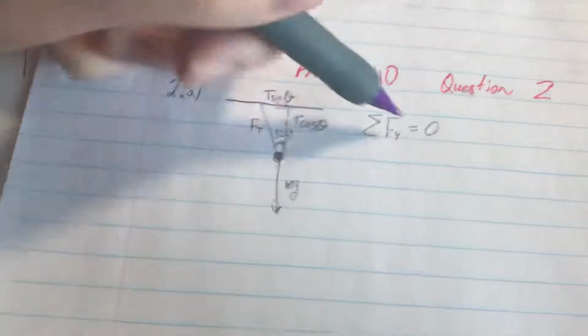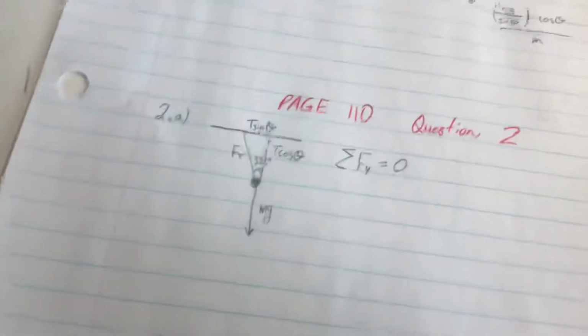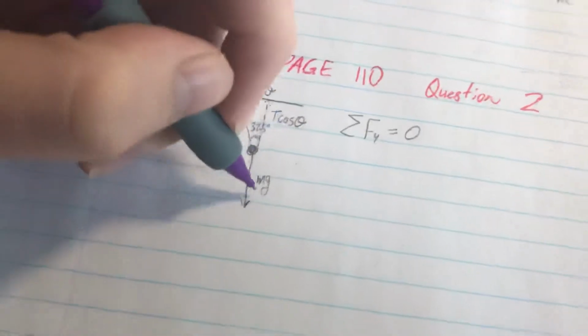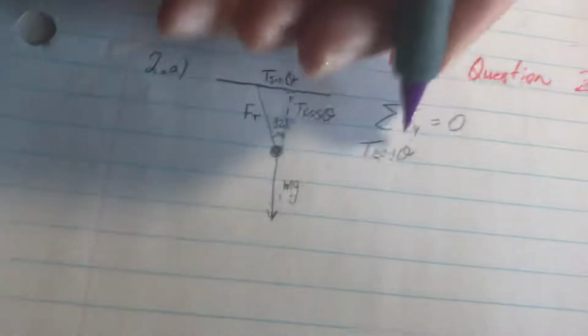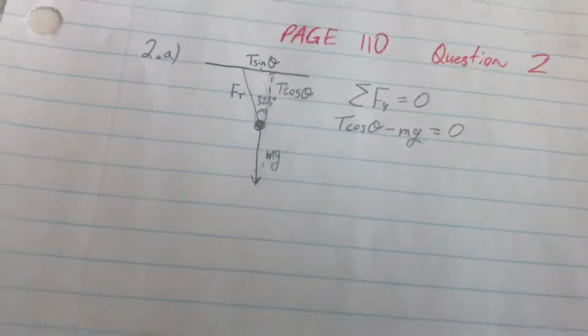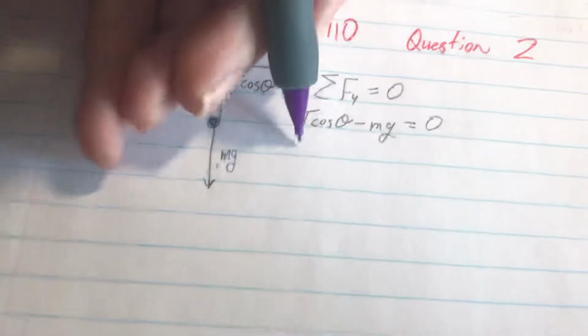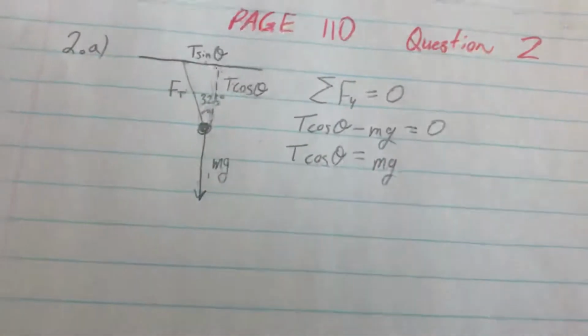Going back to this now. We know that the sum of the forces in the y direction is 0 because the ball is not moving up or down. The forces that we have in the y direction are T cos theta and mg. So T cos theta, which is our positive value, minus mg, which is our negative value going down, equals 0. Rearranging, T cos theta equals mg.